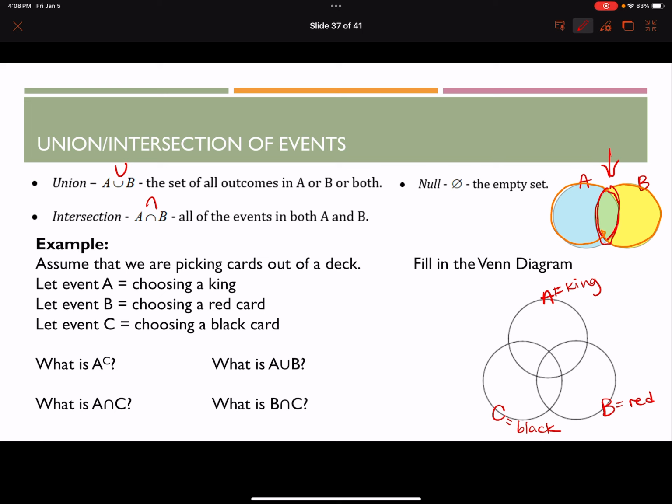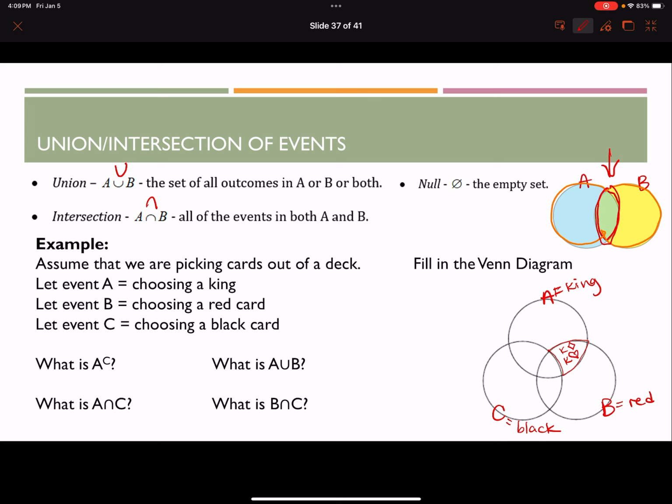Now, let's go over to this section here. What's overlapping there? The king and the red. Can I get a card that's a king and a red? Yeah, the king of diamonds and the king of hearts. Those cards are both kings and reds.